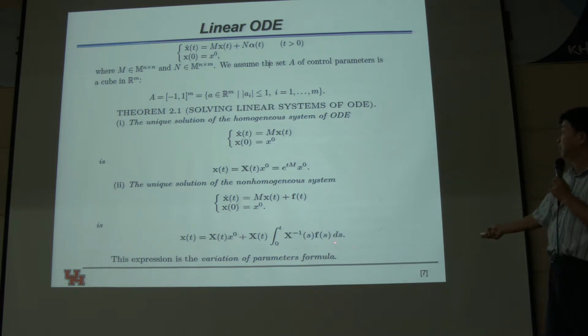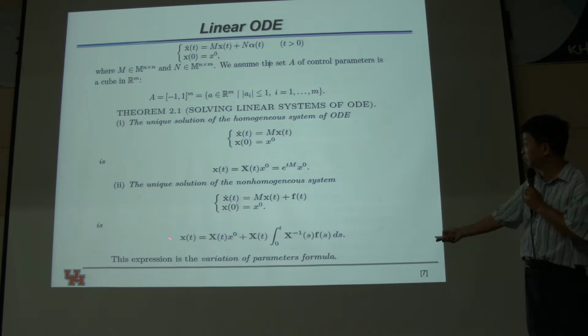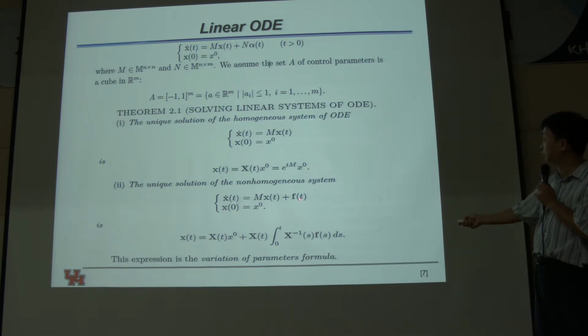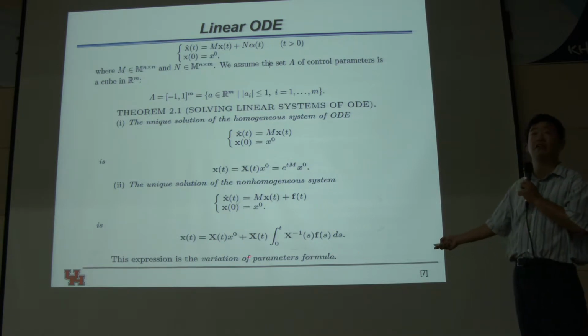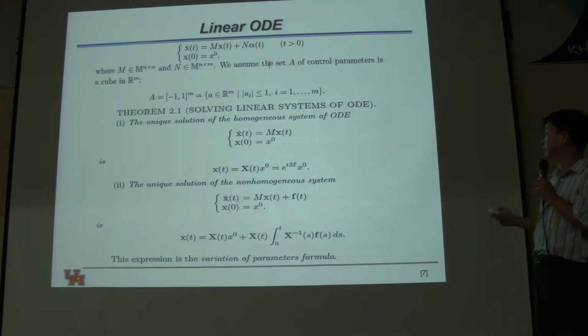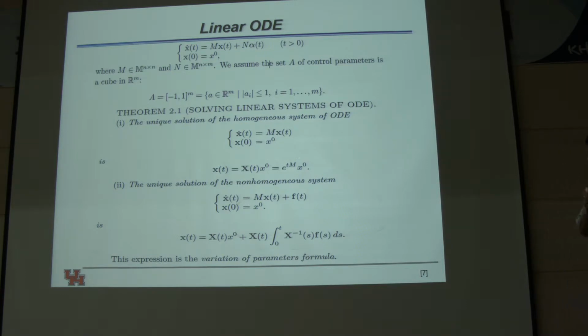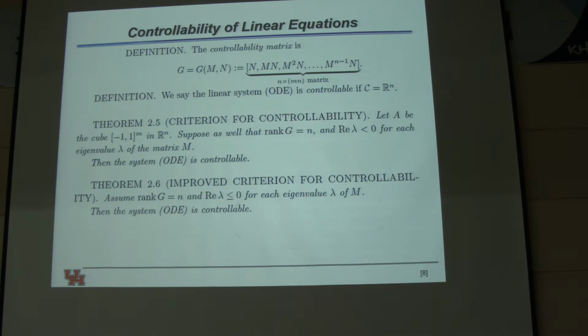This is the reachable solution if you have a control f(t) here, but this one cannot be used to design the optimal. So it's useless for that. Later we will see how we could do optimal control for this.